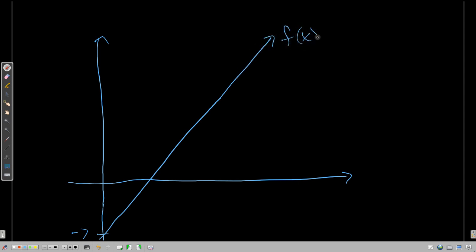So then this is my function, 2x minus 7. Where does it cross right there? Well, that's where the function takes on the value of 0, and that would be at 7 halves. And then I guess way over here is 5. So I want to find this positive area plus this positive area.